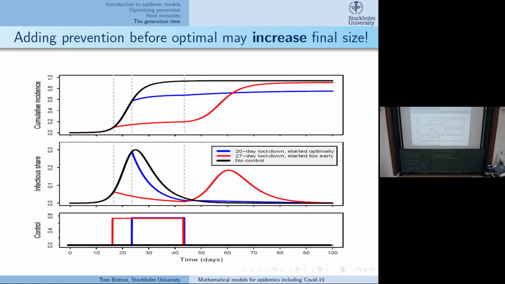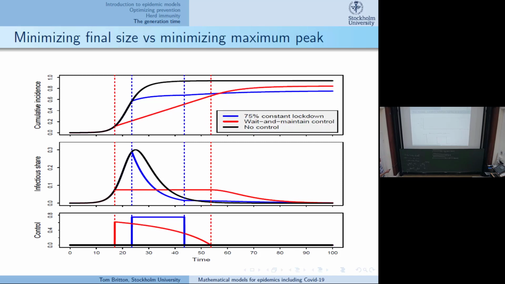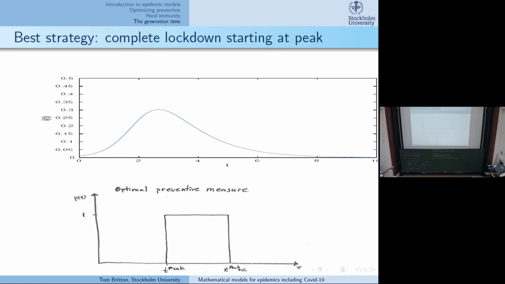So other questions? Just a quick question. The N infinity constraint on P, the maximum value that P could attain in this, we picked one. Yeah. So if you can have a complete lockdown, then you should wait until the peak.